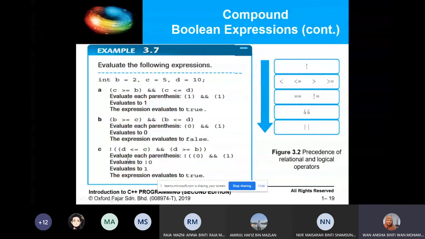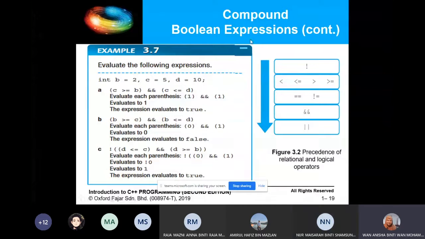Okay, before that, we go to the precedence first. Similar to an equation, where you have a combination of plus, minus, multiplication, you need to follow the order of precedence. You solve what is inside the bracket first, right? Followed with multiplication, division, modulus, and then plus and minus. Okay, that is for a normal equation.